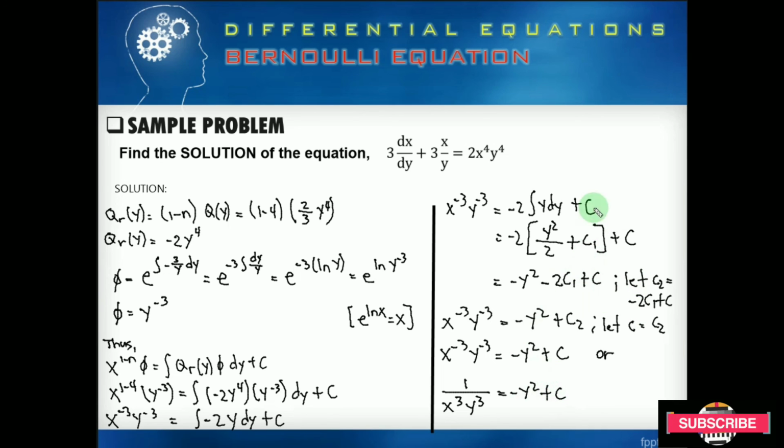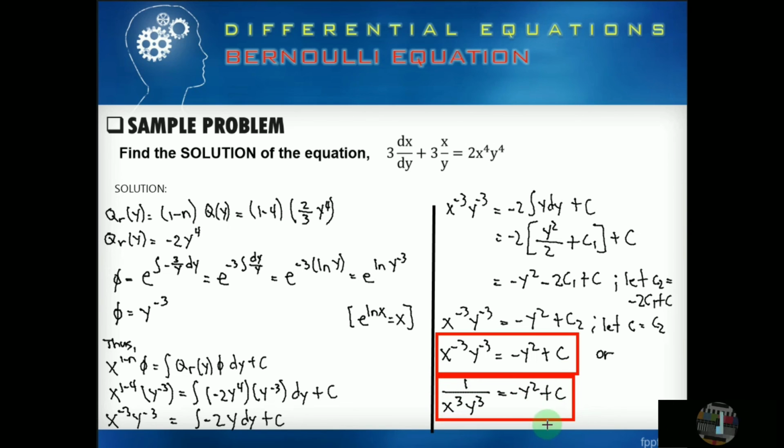Okay, so nakuha na natin ang solusyon ng given equation, no. Pwedeng ganito yung form niya, or pwede mo rin gamitin itong form na to, sa ibaba. So you can either use this one or this solution. 1 over x cubed y cubed is equal to negative y squared plus your c.